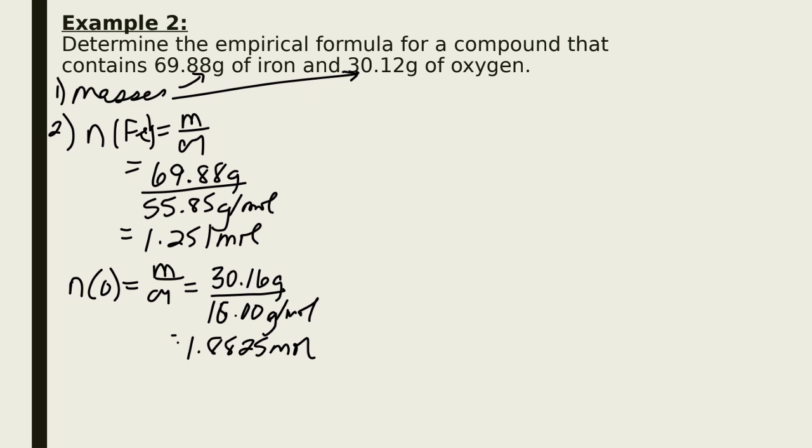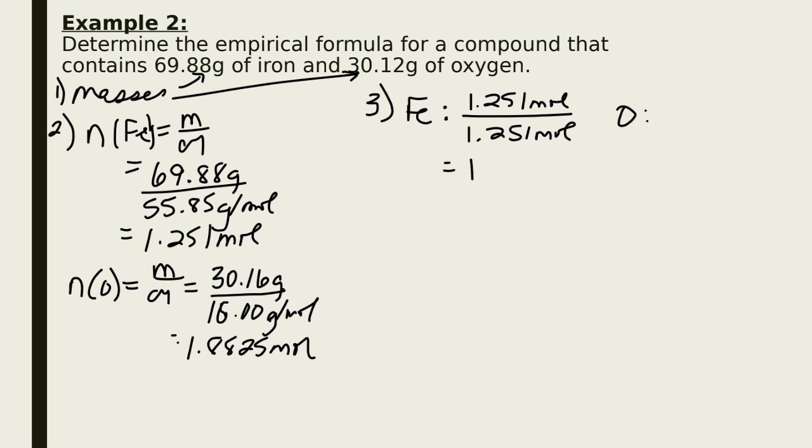So now what we do in step 3 is we divide our mole values by the smallest amount. For iron, we're going to take iron's mole value, 1.251 mole, and divide it by the lower of the two values. It happens to be iron, so we divide it by itself, and we get a factor of 1.